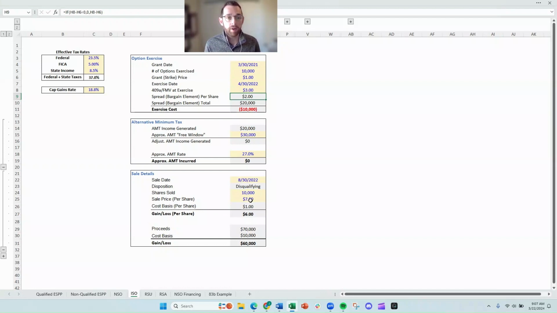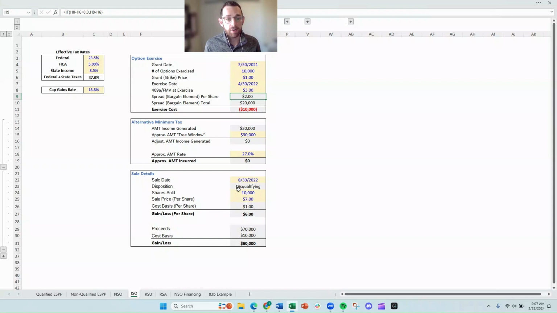And the fair market value of the shares, the 409A price of your shares, has increased from $3 when you exercised it to $7. And so if you sell all 10,000 shares, you're going to have a gain or loss per share of $6. That's the $7 less the strike price. So $7 minus one, $6 times 10,000 shares. And you've generated 70,000 in proceeds, which means you have a gain of $60,000.